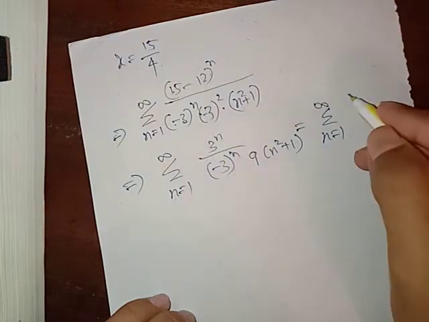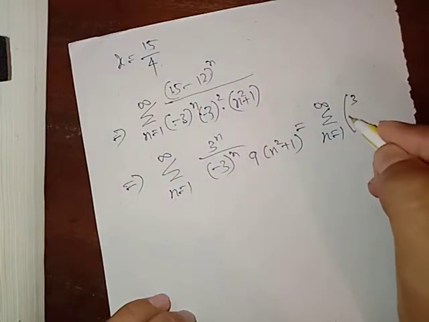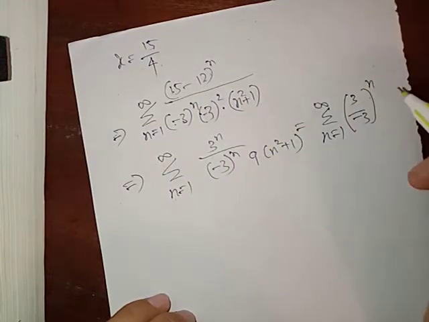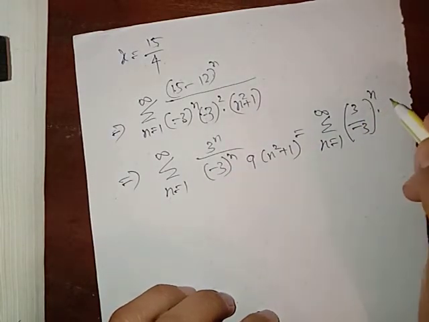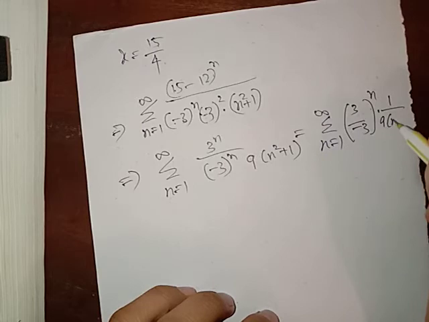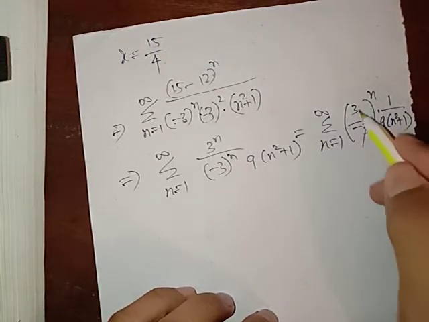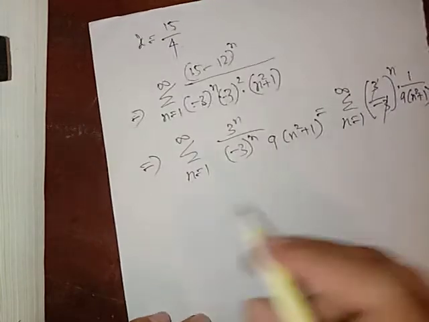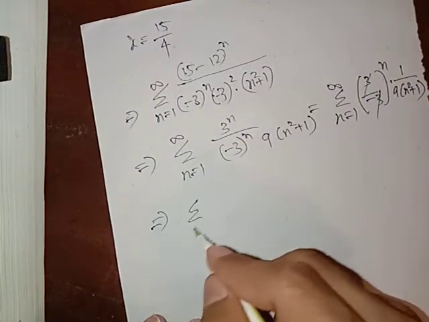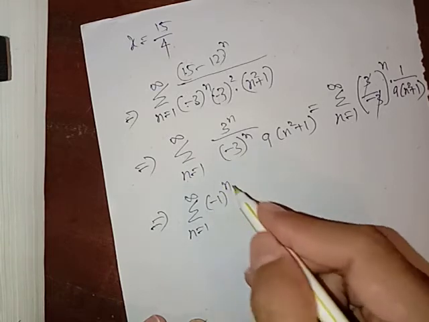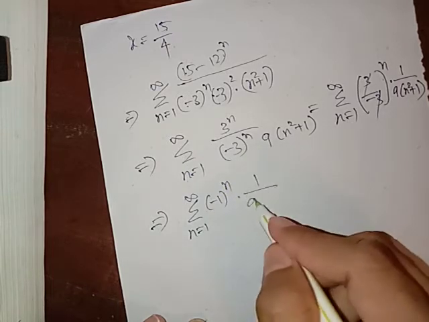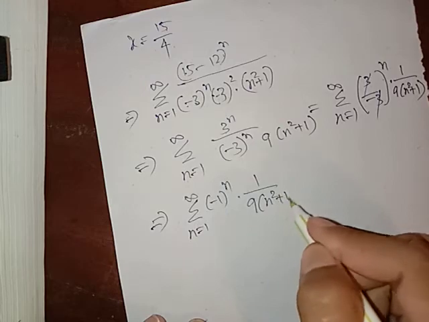This and this cancel out. We get the sum from n is equal to 1 to infinity of minus 1 raised to n into 1 divided by 9 into n square plus 1.